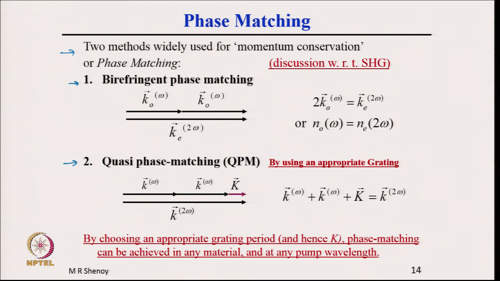Birefringent phase matching. Here what is written is O, for the ordinary wave. This is the propagation constant, or propagation vector, of the ordinary wave, and E here refers to the extraordinary wave.